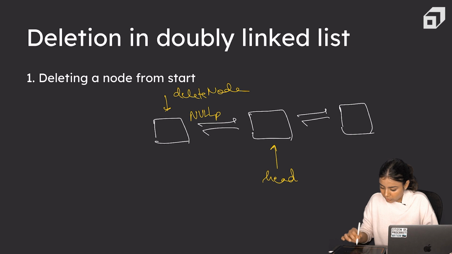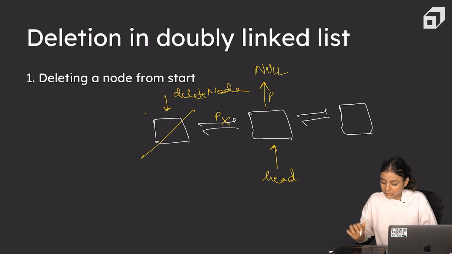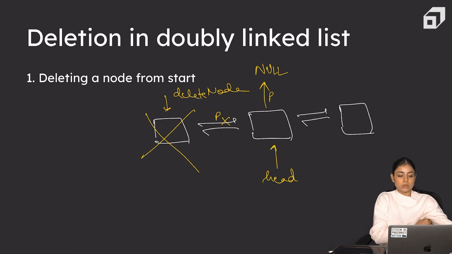You can understand it like this. I'll change this and make its previous point to null, because it will be the first node now, so its previous should be pointing to null. And then I can get rid of my first node.